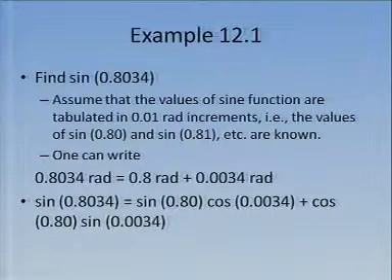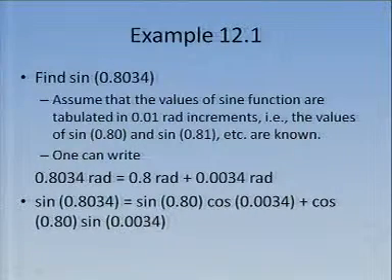Now, there is an example here. Assume that the values of sine functions are tabulated, okay, at an interval of 0.01 radian increments. That is, values of sin 0.8 and 0.81 etc. are known.